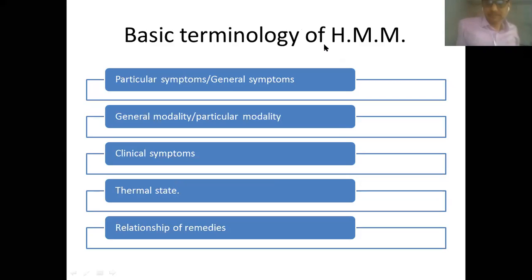Sometimes it happens that we have seen how the characteristic symptom is evolved. Out of 100 provers, 75 provers have shown this symptom. Okay, then it is made the characteristic symptom of that remedy. It is just because of the majority, 75 out of 100. And there may be 25 who have shown some very unusual or very rare symptom, like only one side of the tongue is coated.